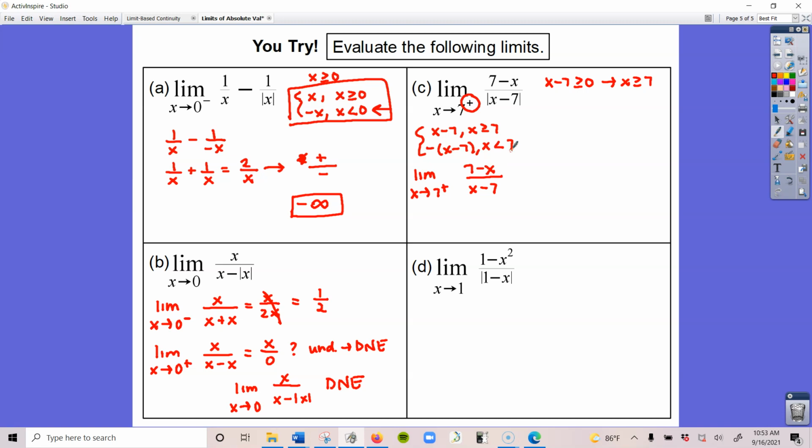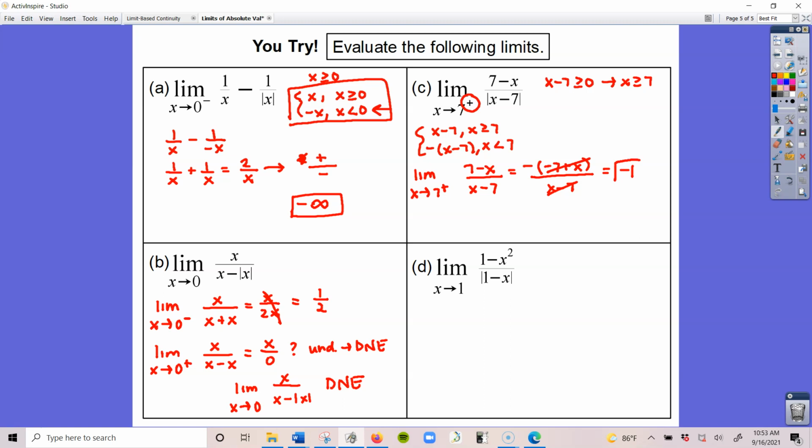So what I can do is factor out a negative from either the numerator or the denominator. I'm going to factor a negative from the numerator, which will then turn this 7 negative and the x positive. Which, even though this is written in a different order, it's the same as the x minus 7. Because see, negative 7, positive x. So I can cancel these out, and I'm left with my answer of negative 1.